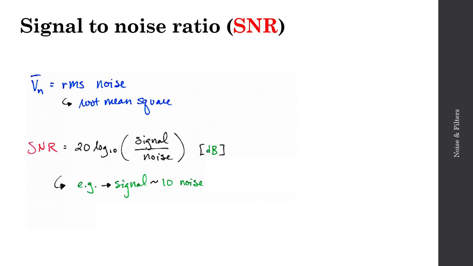As an example, let's consider a signal coming off of a sensor that's about 10 times the noise level in that sensor. I might write this as the RMS voltage of my signal is 10 times the RMS voltage of my noise. This will result in an SNR of 20 dB. I'd have a factor of 10 in my signal-to-noise ratio. So log base 10 of 10 is 1, times 20 gives me an SNR of 20 decibels.